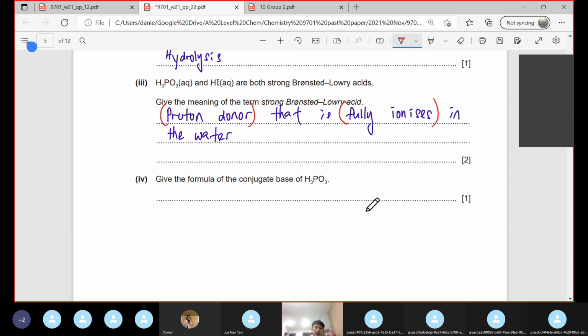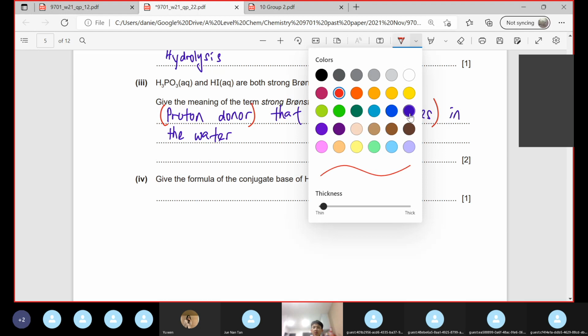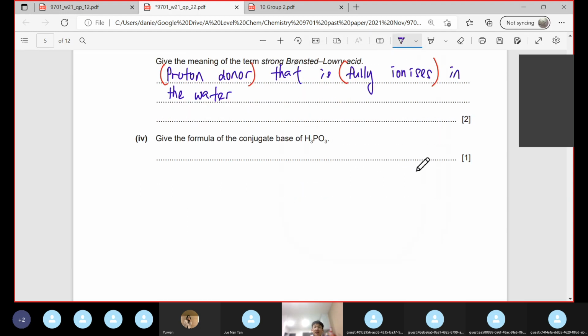Okay, then give the formula of the conjugate base of H3PO3. You need to know how to identify, for example, conjugate base or conjugate acid. Conjugate base is the acid that has donated, or already released, the H plus. If you cannot identify it directly, why not try writing down the equation. H3PO3 is an acid, then it will donate the H plus.